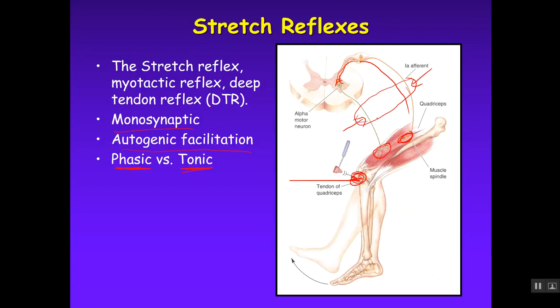So if you have decreased deep tendon, myotactic reflexes, that's typically indicative of a lower motor neuron / peripheral lesion, because the lower motor neuron axons are in the peripheral nervous system. So you can kind of say it's a lower motor neuron / peripheral nervous system problem.